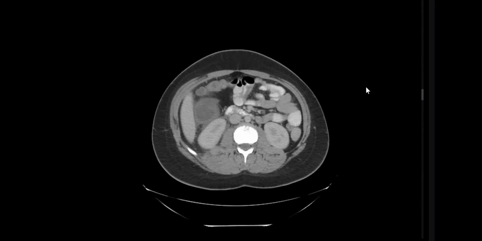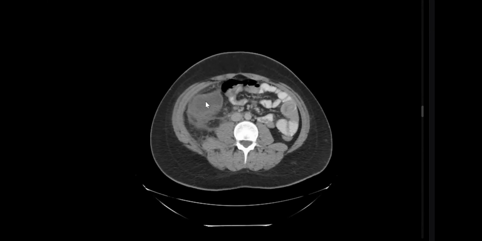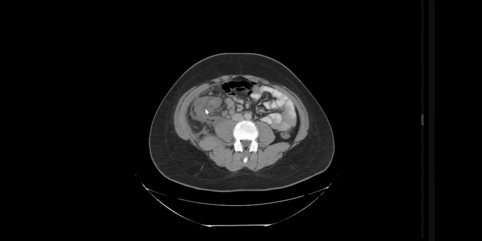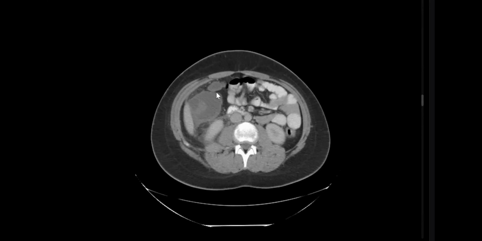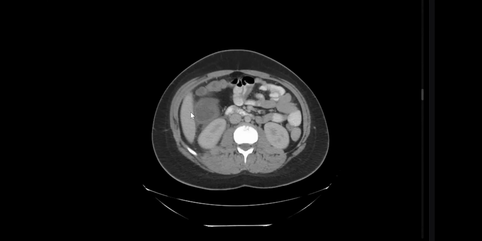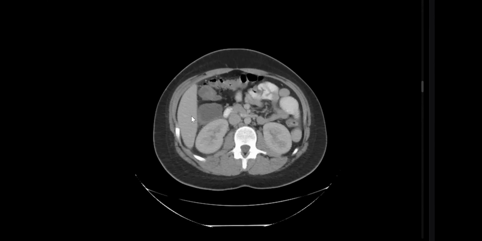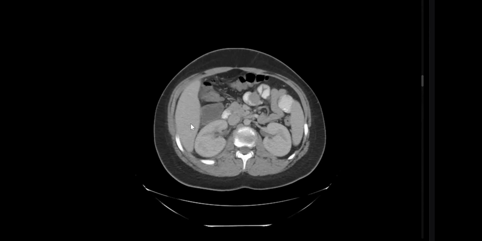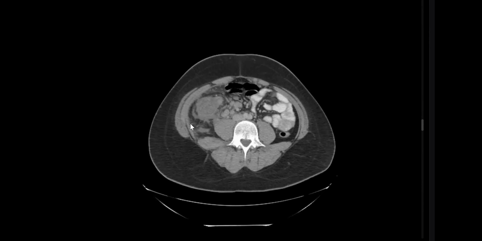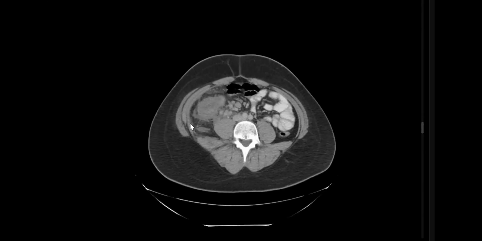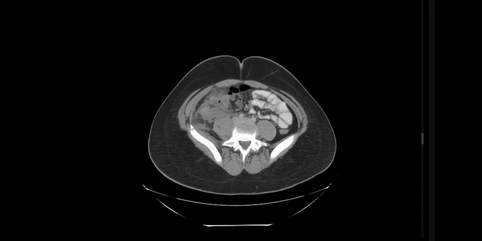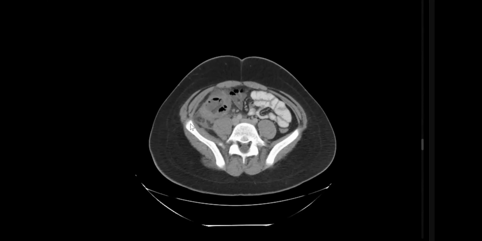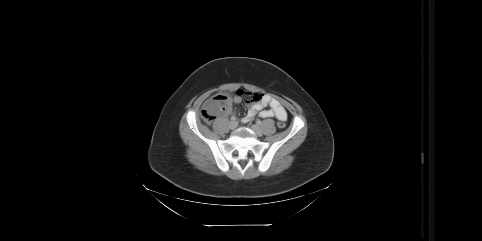So this area. Can you see my mouse? Go up. So this one. Where is the cecum? Yes, this area is the cecum. Below the cecum there is smudging of the fat planes and an air fluid level.